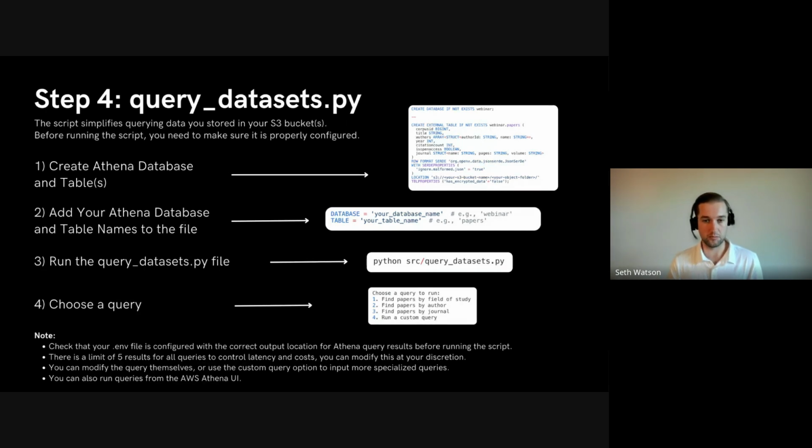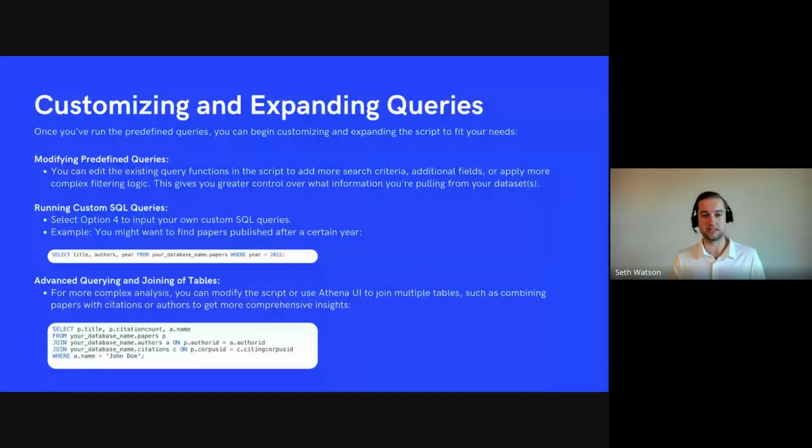So moving on, let's talk about customizing and expanding the queries. As I noted, the file comes out of the box with essentially 4 options. So search by journal, search by author name, or search by field of study. You can rip these apart and make them your own, and I'd highly recommend that you do that.